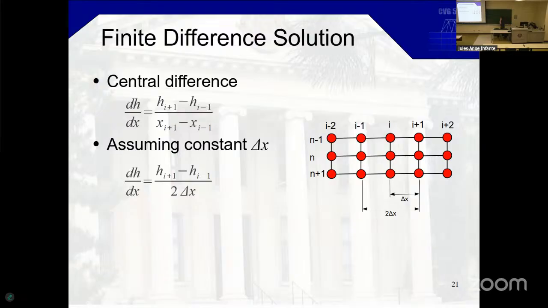So instead of being xi plus 1, xi minus 1, I could say it's at xi plus half, and the other one is at xi minus half. So the delta x is still one. It's not two delta x, the difference between the two values, it's still one.